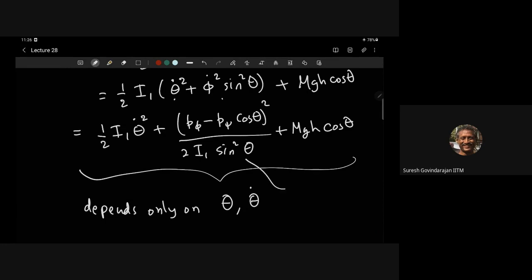So this whole thing is like an effective potential in the one-dimensional problem. Okay, is this clear? Is this point clear?